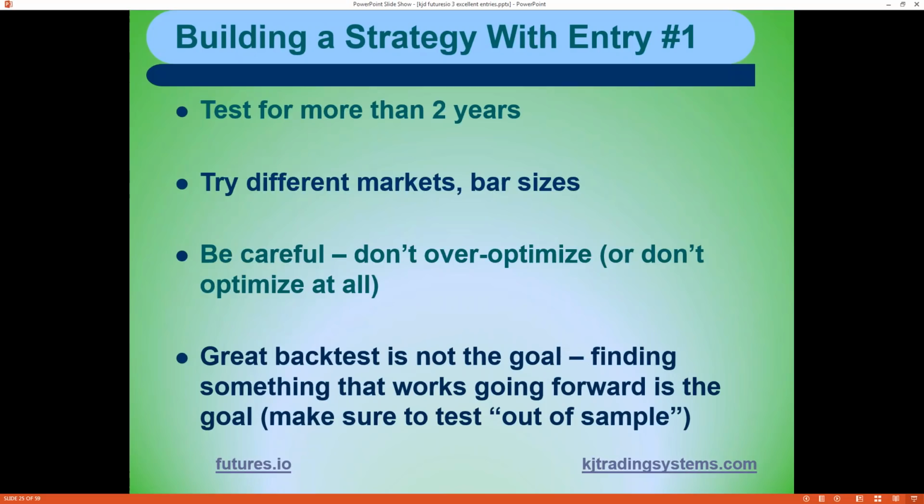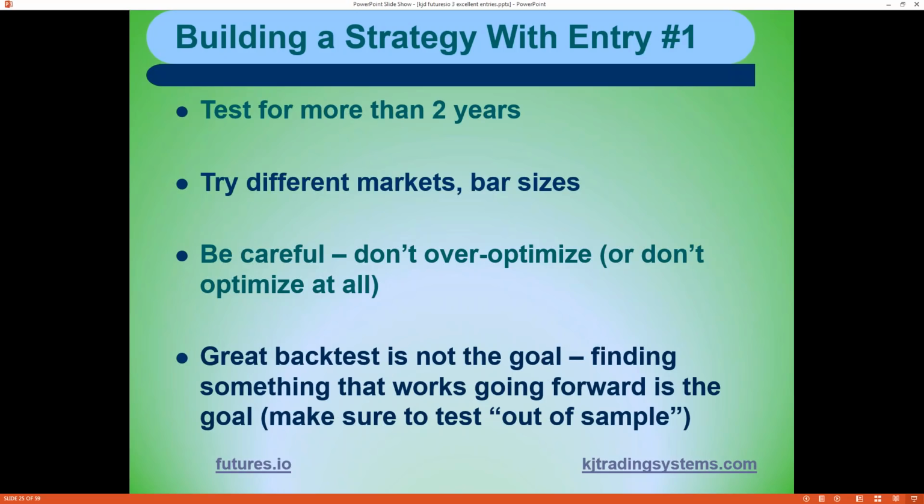Now, obviously, if you were going to build a strategy with this, you'd want to test it for more than 2 years and do different markets, different bar sizes. But really, you don't want to over-optimize. You might not want to optimize at all.